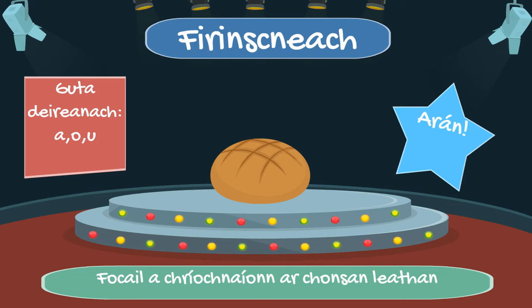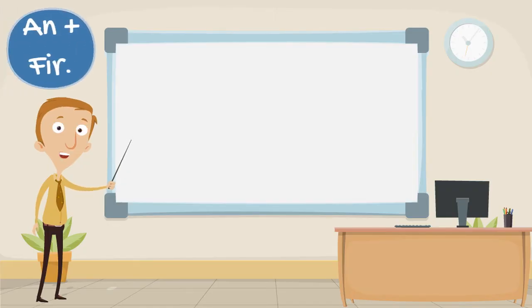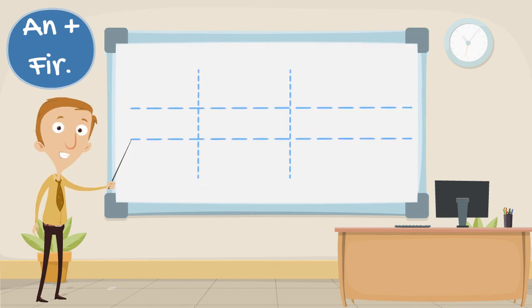When the word 'an' is put before a masculine noun, there is a certain set of rules that we must follow. When 'an' comes before a consonant, there is no change. For example, an cupán, the cup.